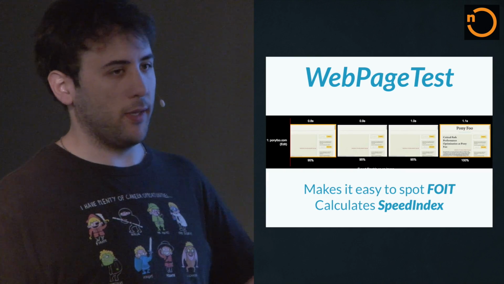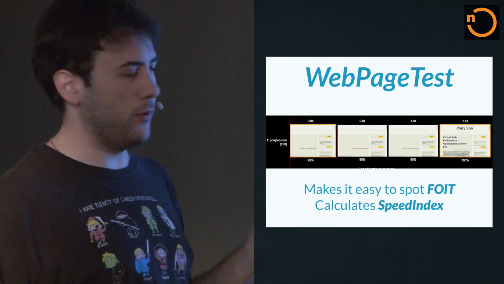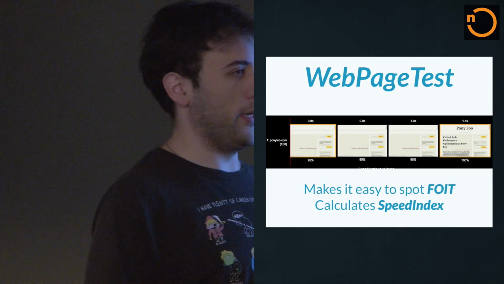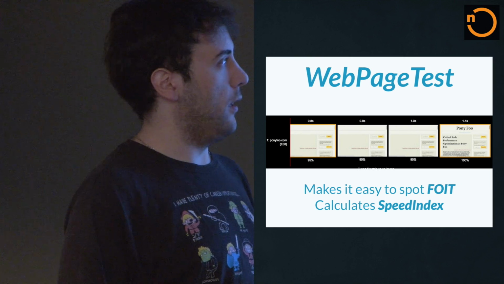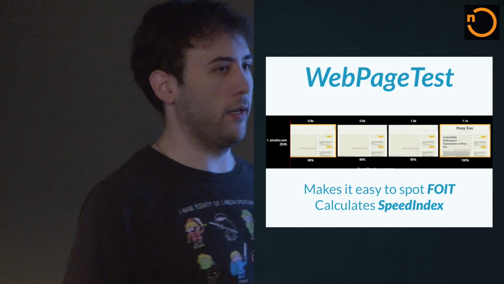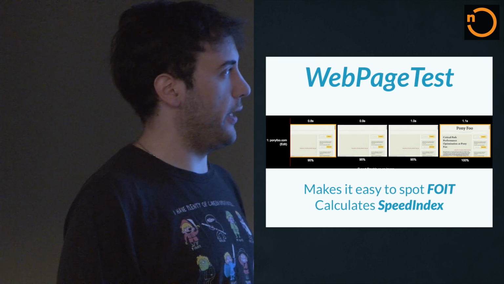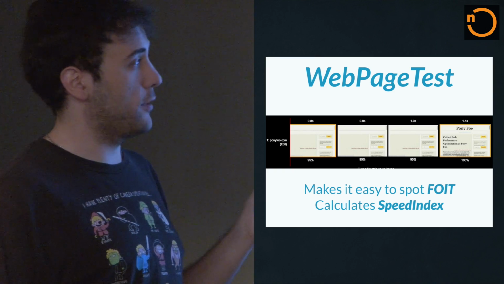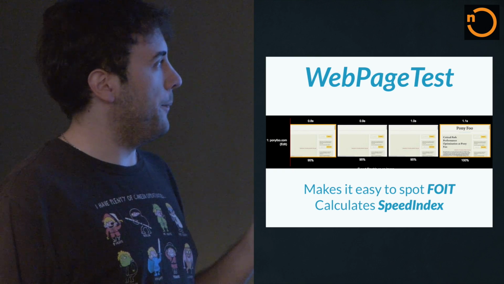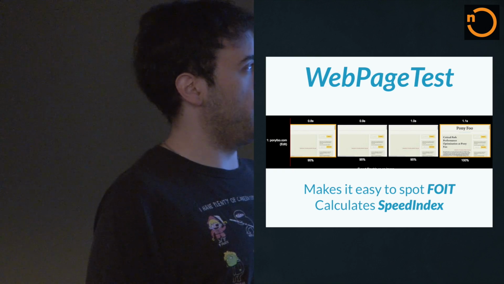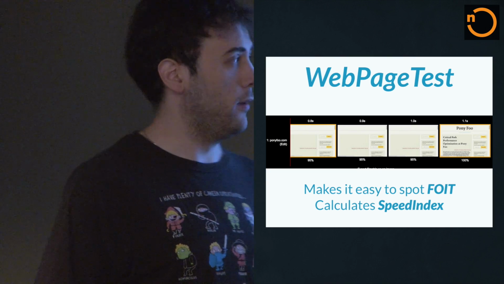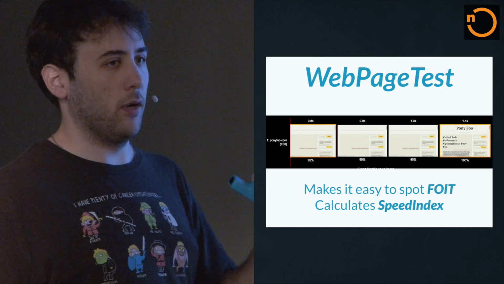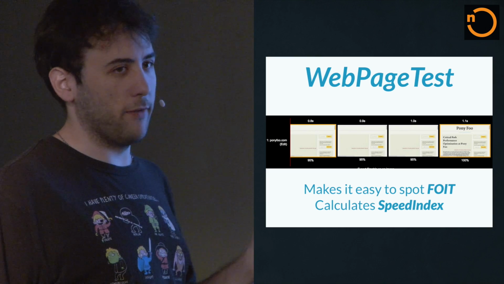And you also get this, what they call a film strip view, that basically makes it very, very easy to tell if you have issues like most of the page actually loaded, but we are not displaying anything because we have what's called a flash of invisible text. And in this case, again, what we should be doing to fix it, as we'll see later, is deferring the font loading and just using some website font first.